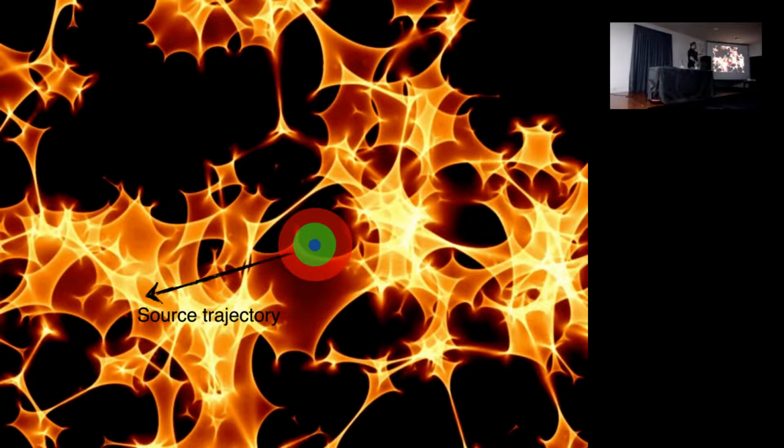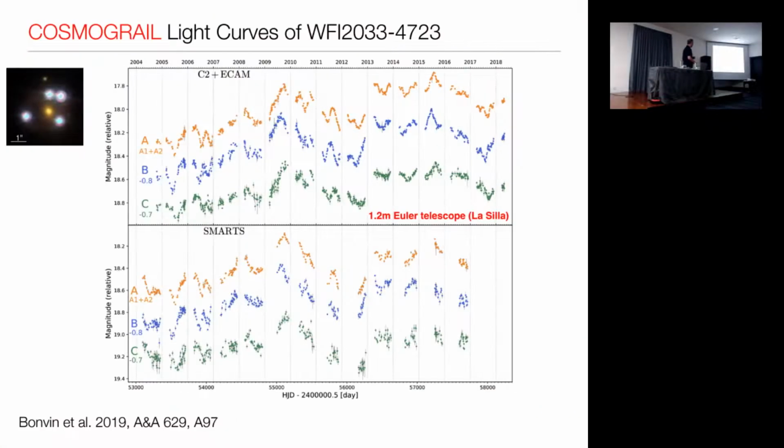And then the quasar moves behind this, or the microlenses move in front of this, and that will create variations that are different, geometric variations that are different in each quasar image. And that's very slow. That can last several years. That's problematic when you cross-correlate your light curves, because you have to model this or potentially remove it.